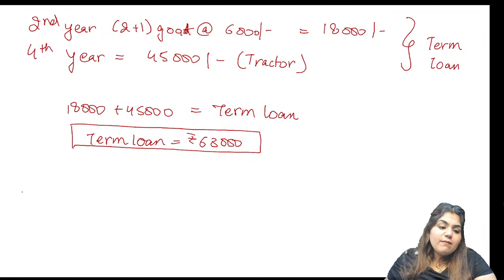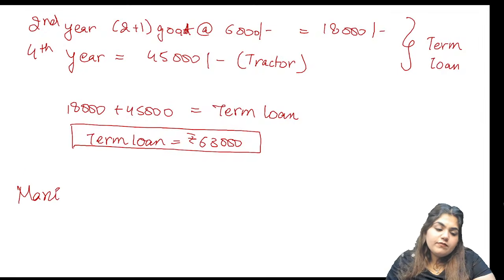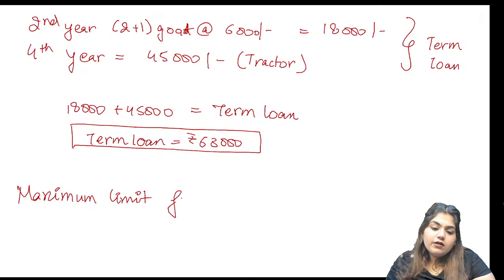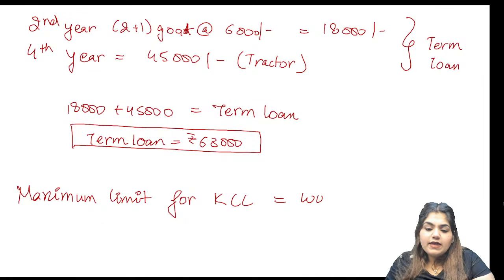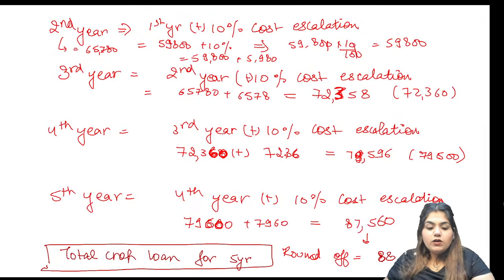So maximum limit for KCC is equals to working capital plus term loan. This is total crop loan.